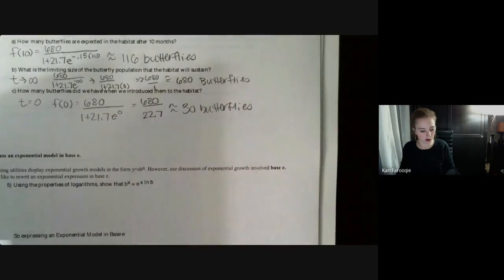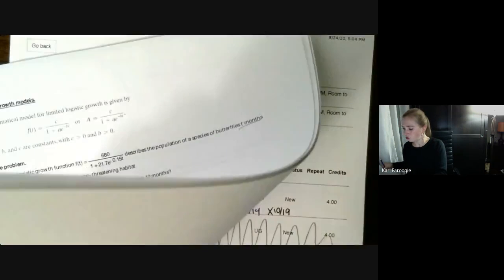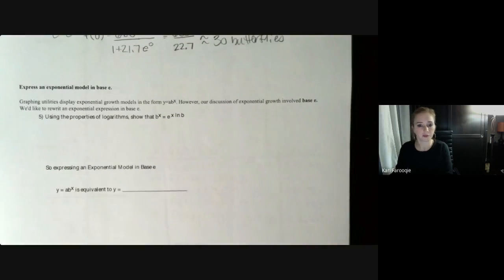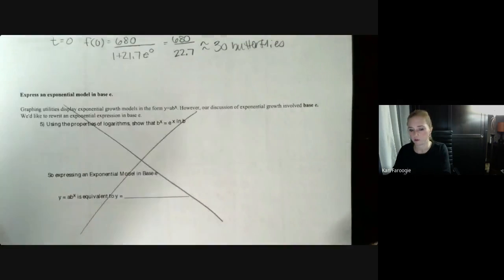I think Vicki Walker wrote this page. I don't know if anyone knows Mrs. Walker. She's wonderful. I don't even know, maybe she got it from someone else. I'm not too worried about this. No big deal. That's just a derive thing, which I'm not going to ask you on your test.